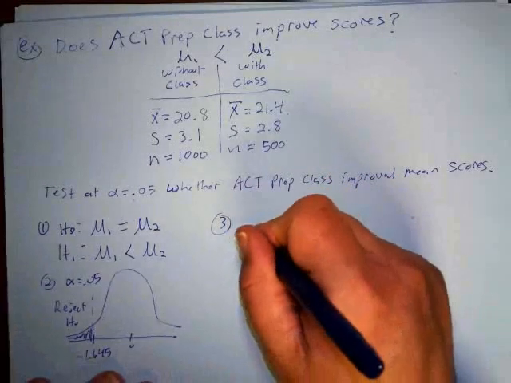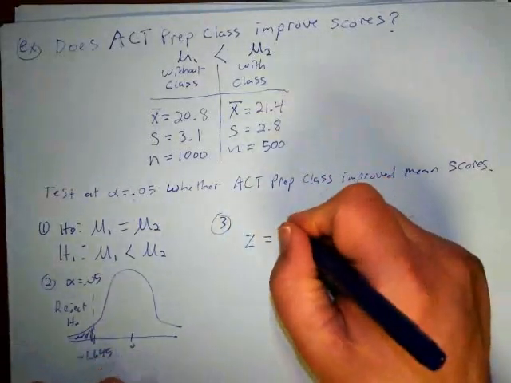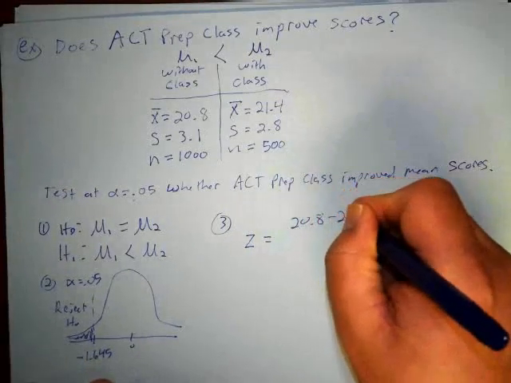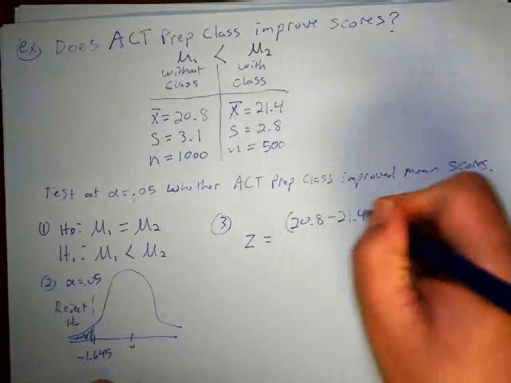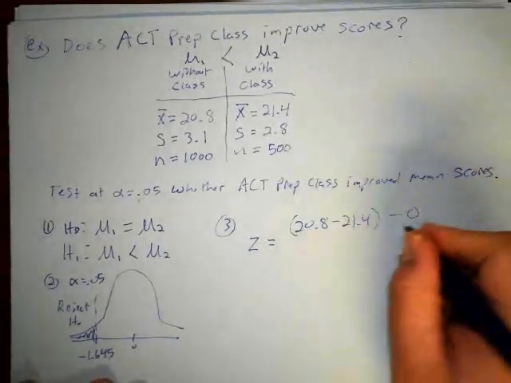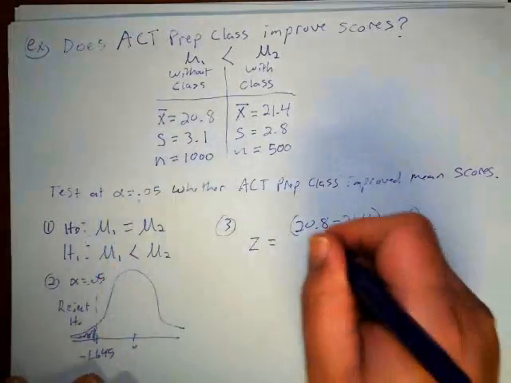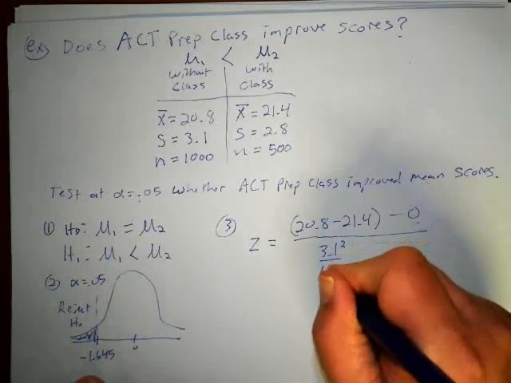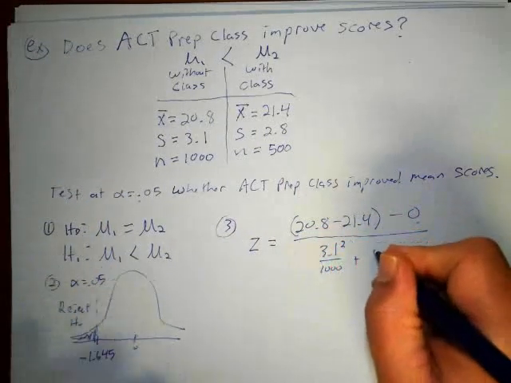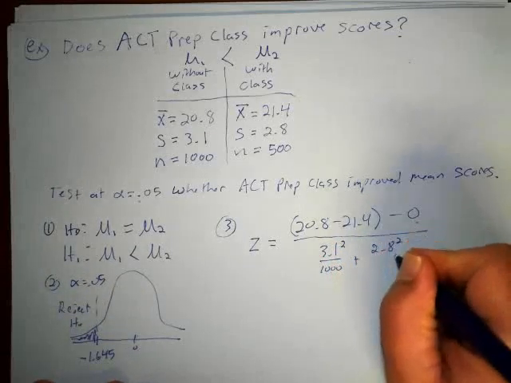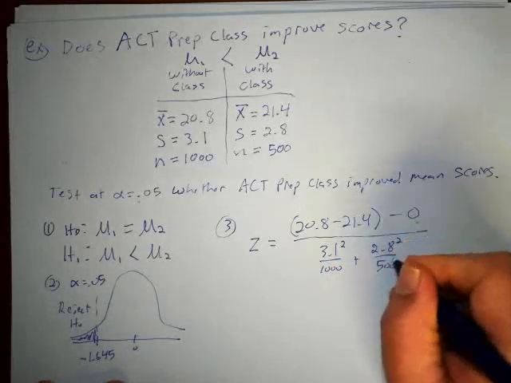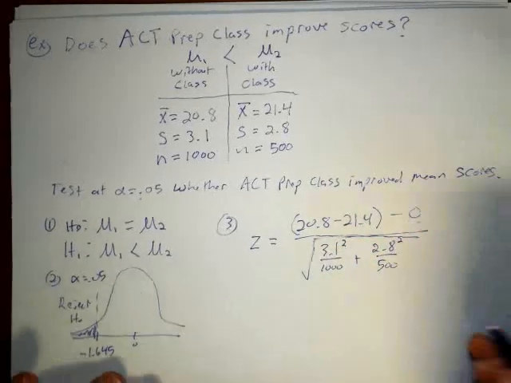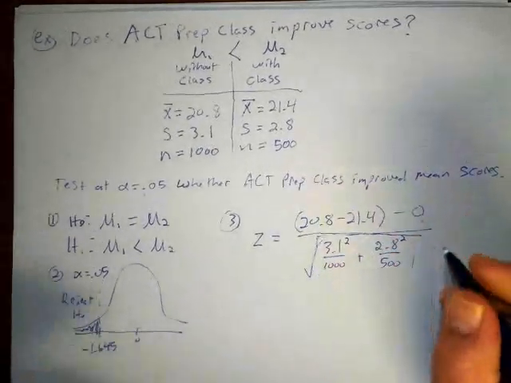So z is equal to the difference between the two sample means minus the hypothesized difference, which is 0, over the square root of 3.1 squared over 1,000 plus 2.8 squared over 500.